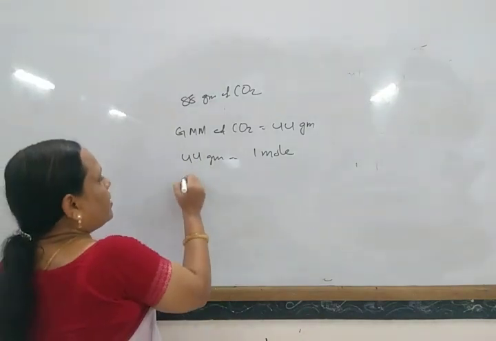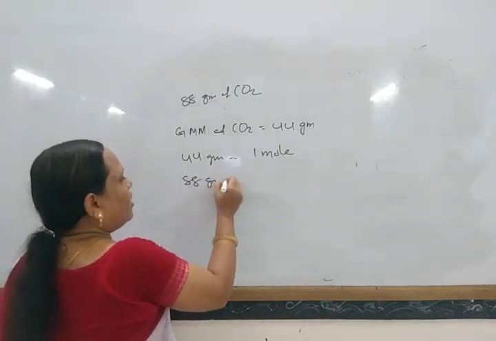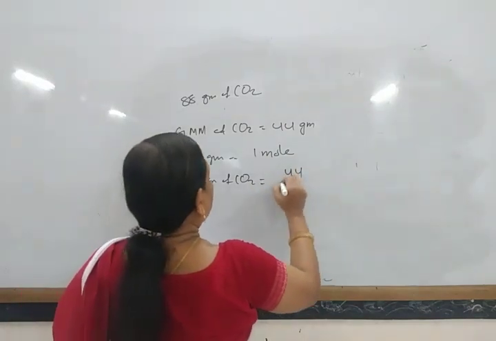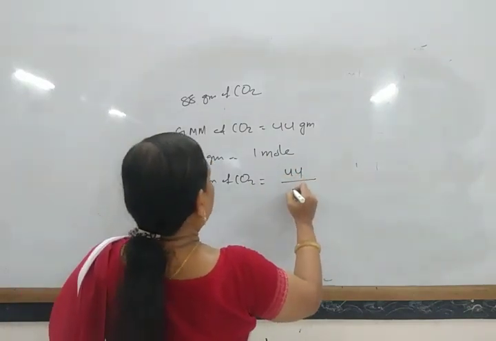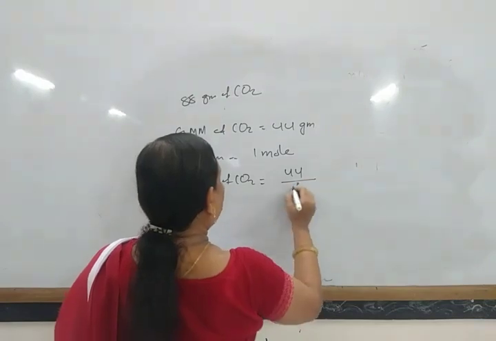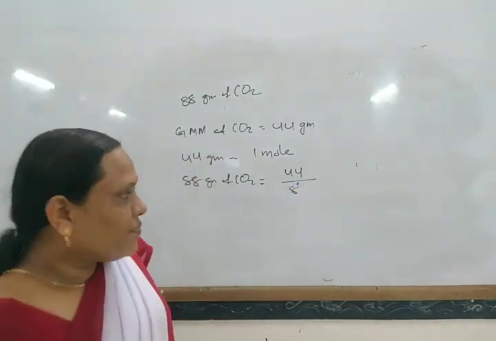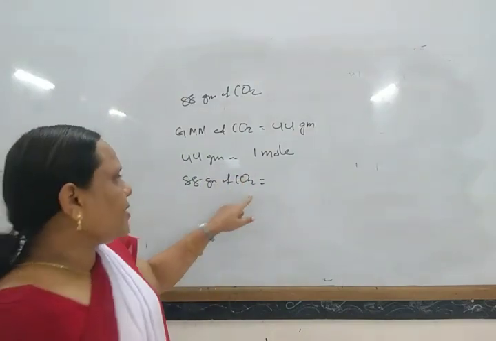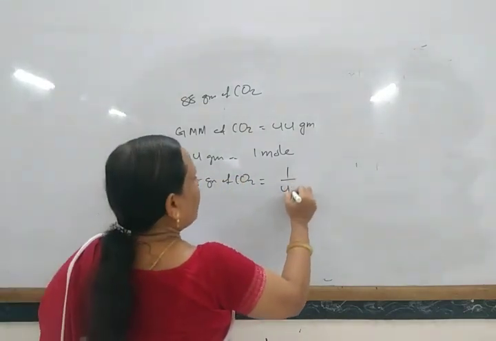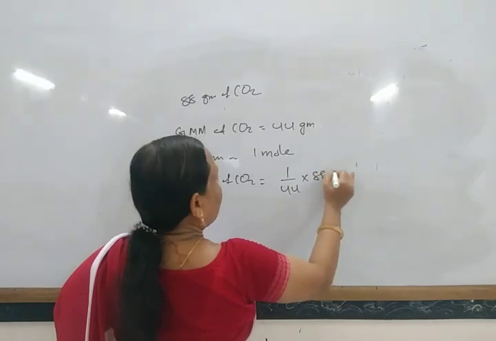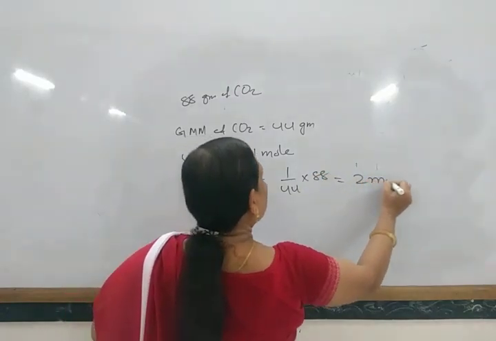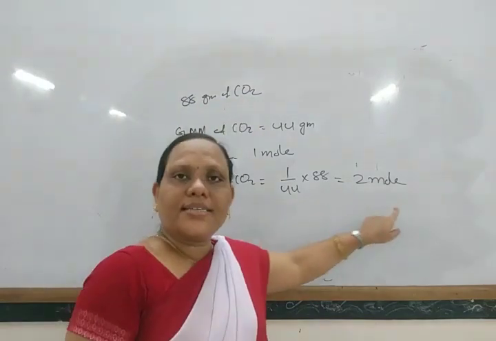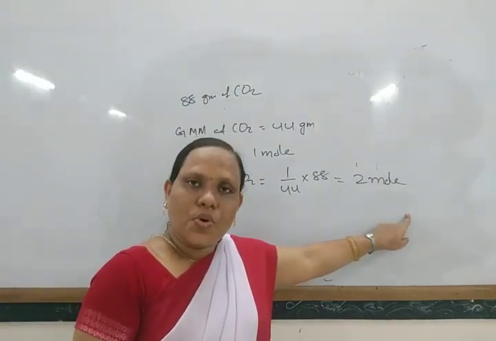Then 88 gram of carbon dioxide is 1 by 44 into 88, that is equal to 2 mole. So 88 gram of carbon dioxide equals 2 mole.